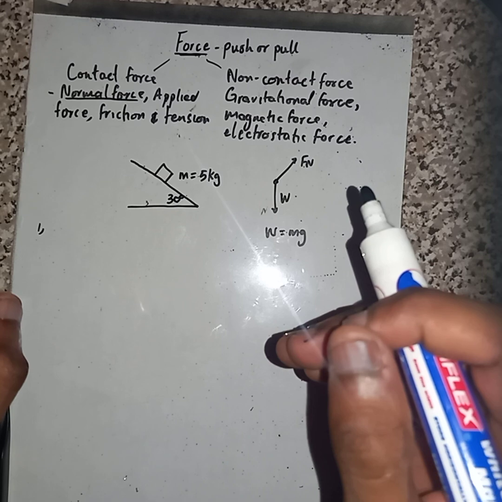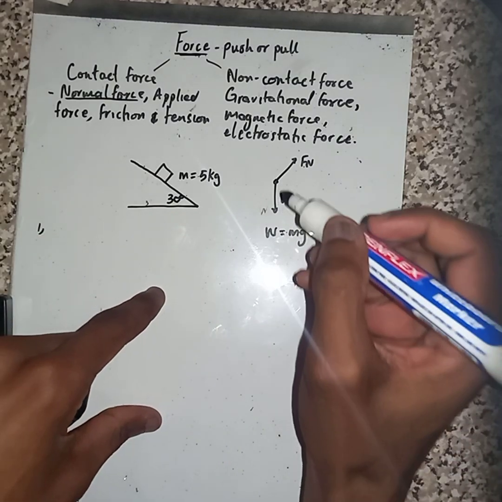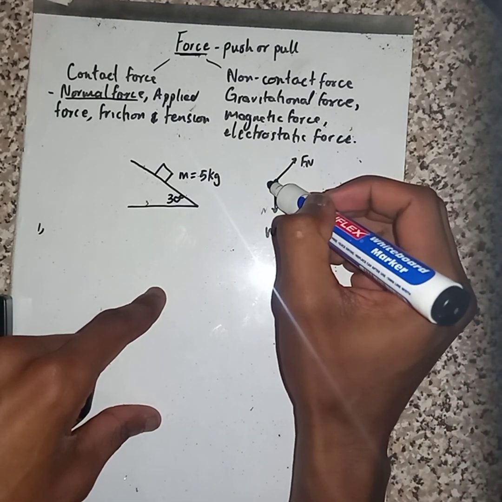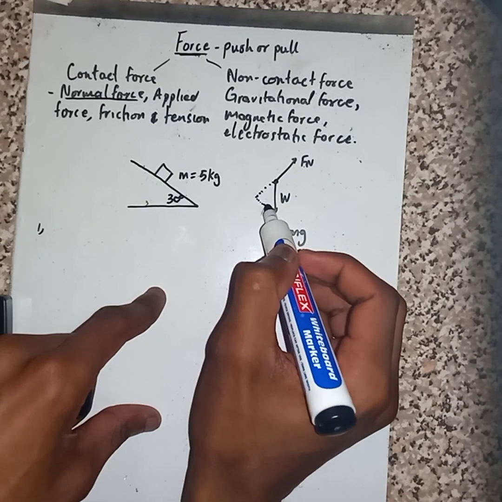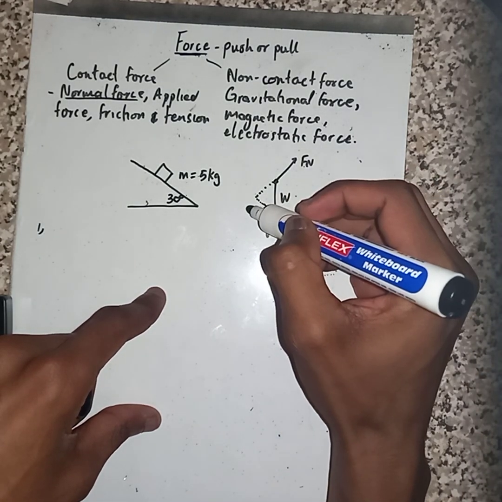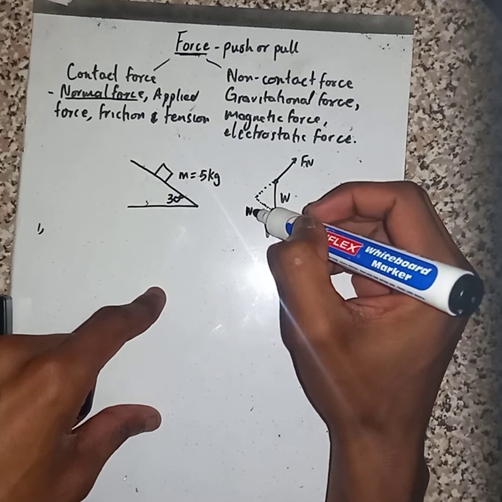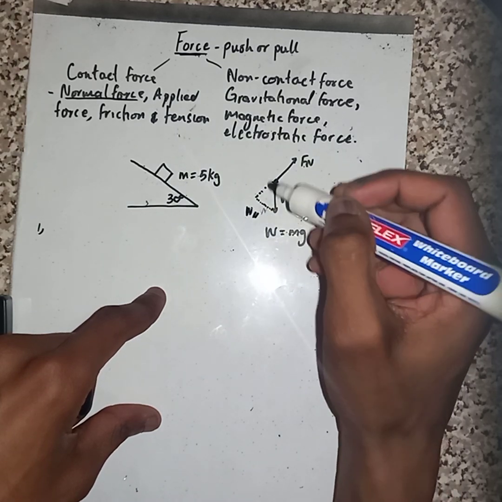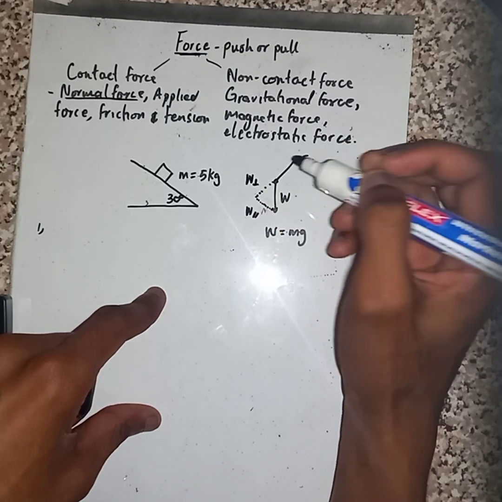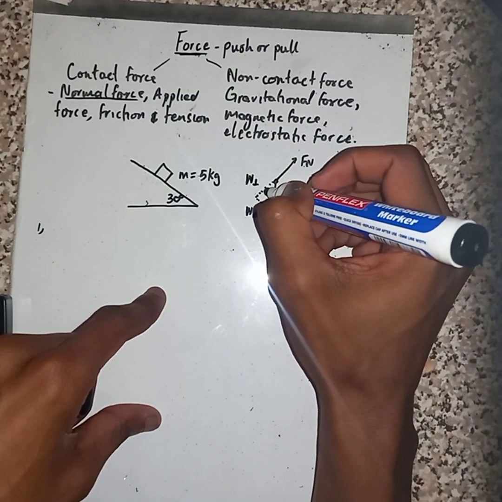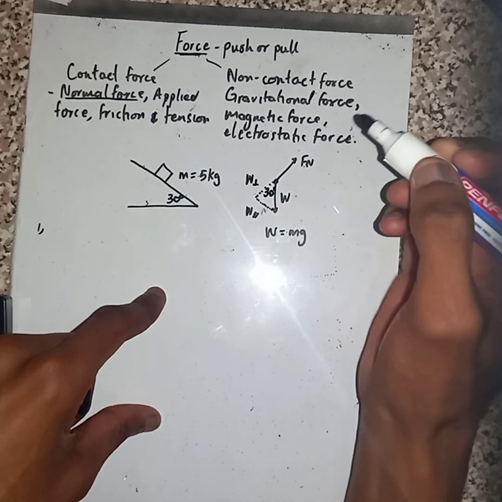How are you going to do that? You must know that this diagram can be further written in this format, where we are going to have the parallel component and also the perpendicular component. This angle over there is going to be θ.